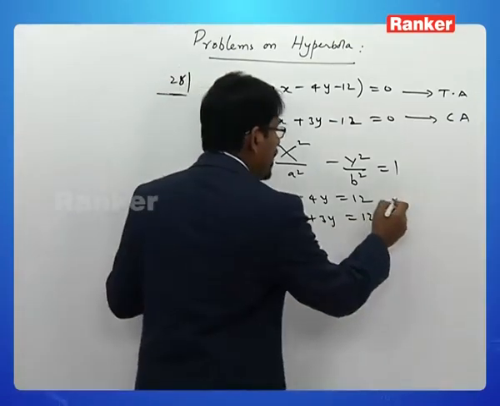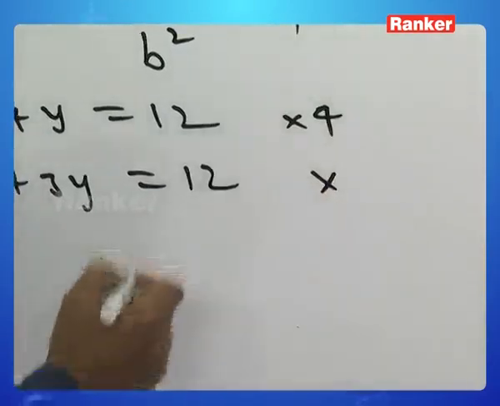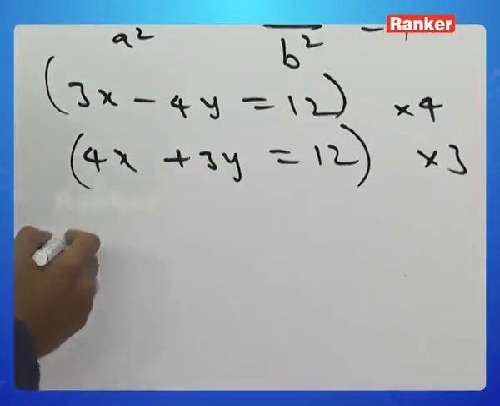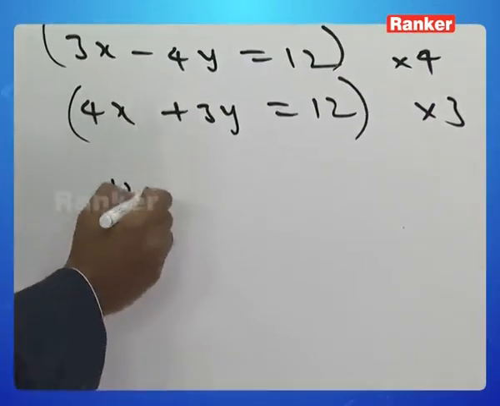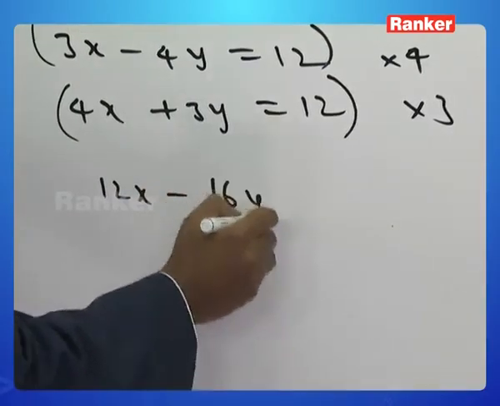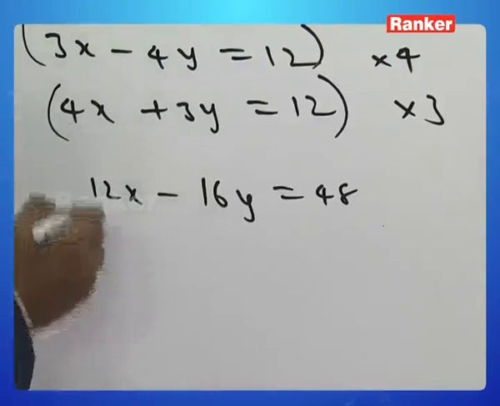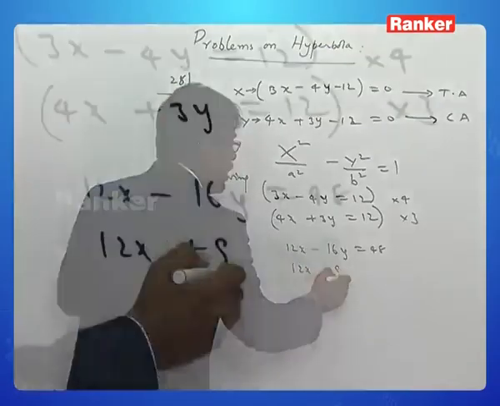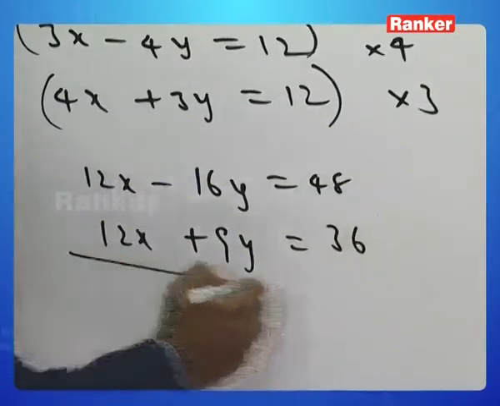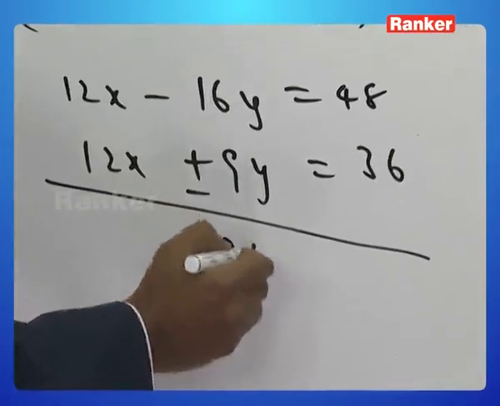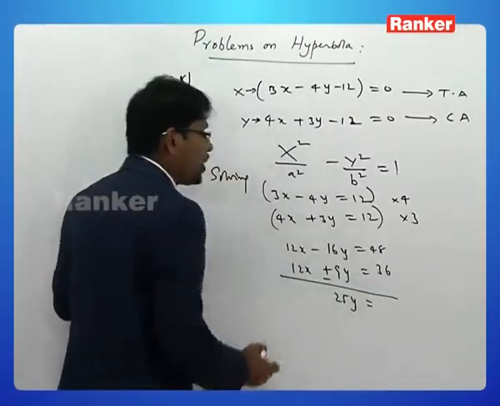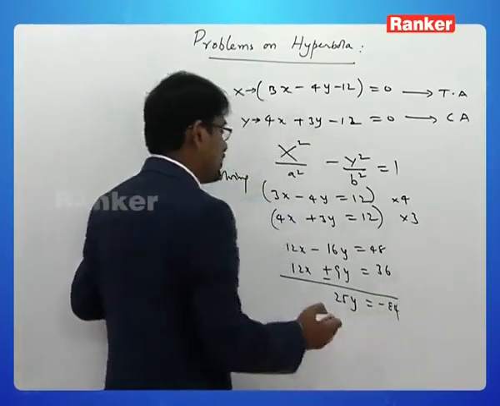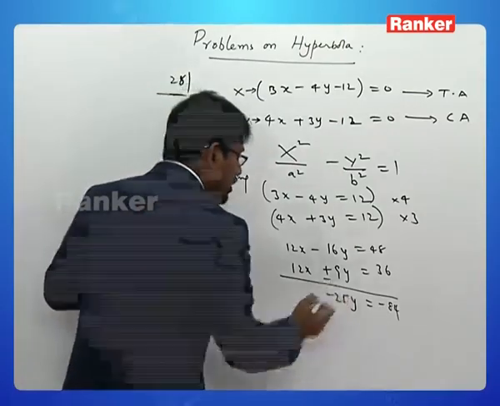Solving it. Multiply this equation with 4, multiply this equation with 3 and subtract one from the other. So what do we have here? 12x minus 16y is equal to 48, and here we have 12x plus 9y is equal to 36. Subtracting one from the other, we get minus 25y is equal to minus 84.